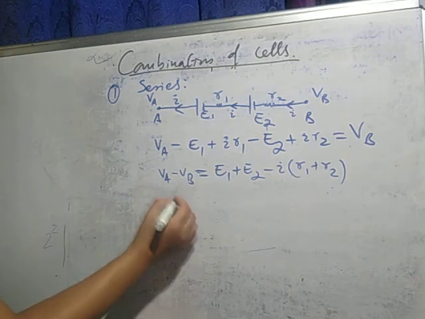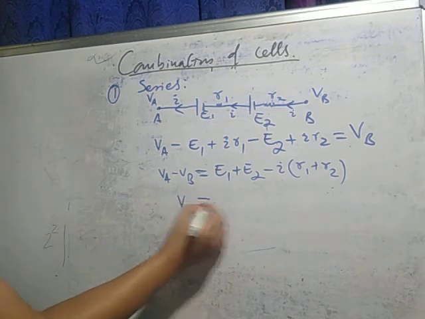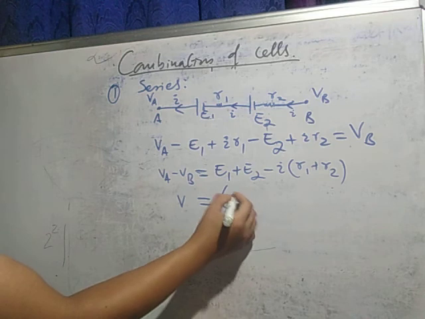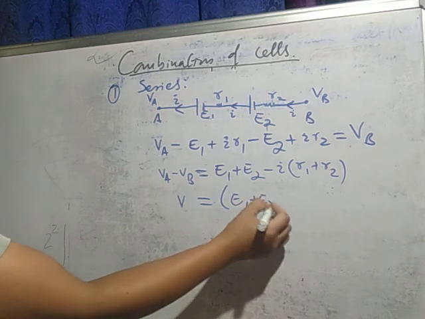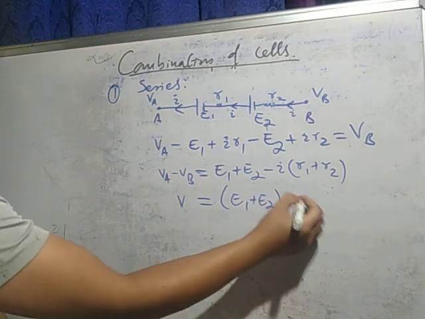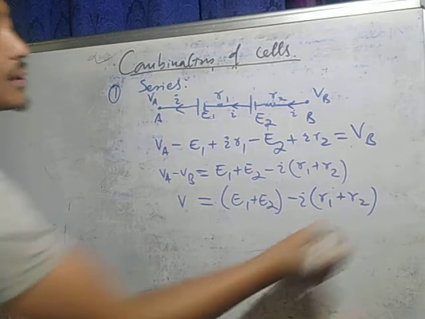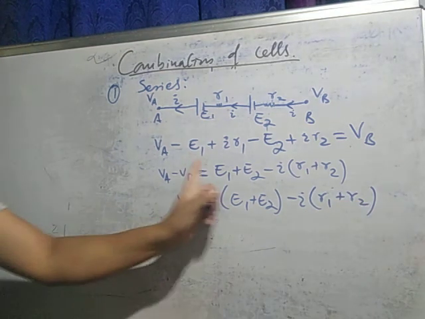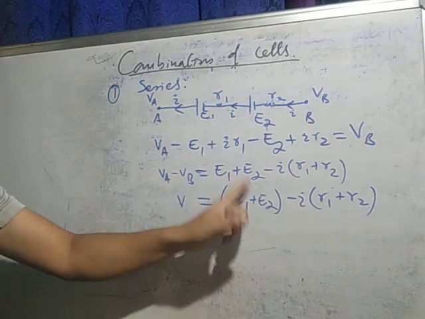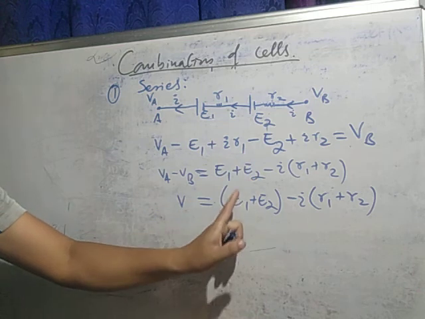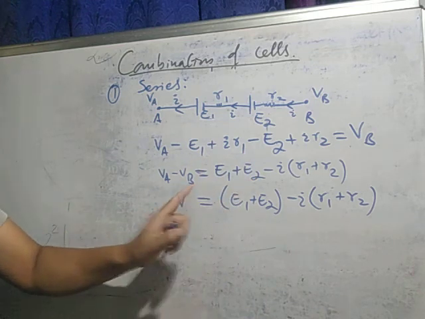If you take this as V, then V equals E1 plus E2 minus I times R1 plus R2, by Kirchhoff's rule. You know how to solve this equation.